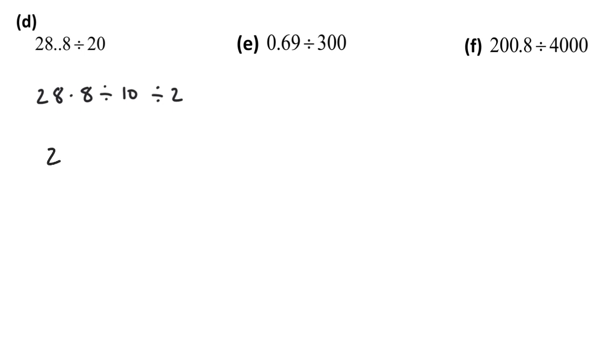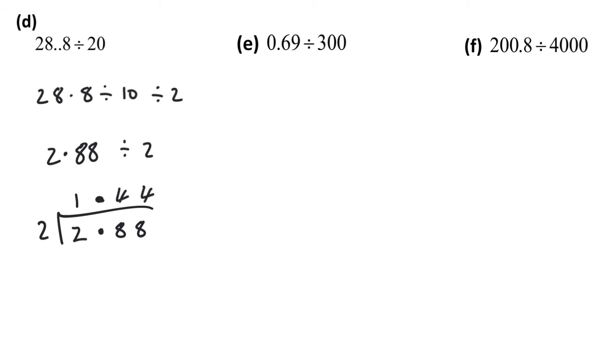So we're going to get 2.88 divided by 2. Let's put the 2.88 under the bus shelter and the 2 outside it. 2 into 2 goes once with no remainder, so we'll put in our decimal point and line it up with the other one. 2 into 8 goes 4 times and 2 into 8 goes 4 times, so the answer then is 1.44.